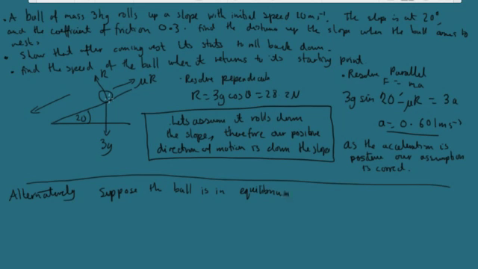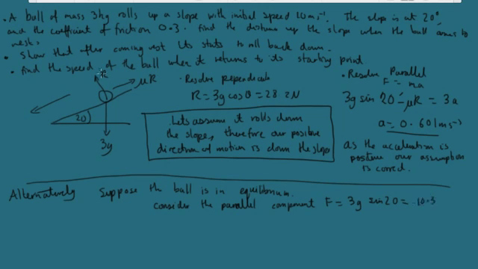So if we consider the parallel component, F equals 3g sine 20, which is 10.3.